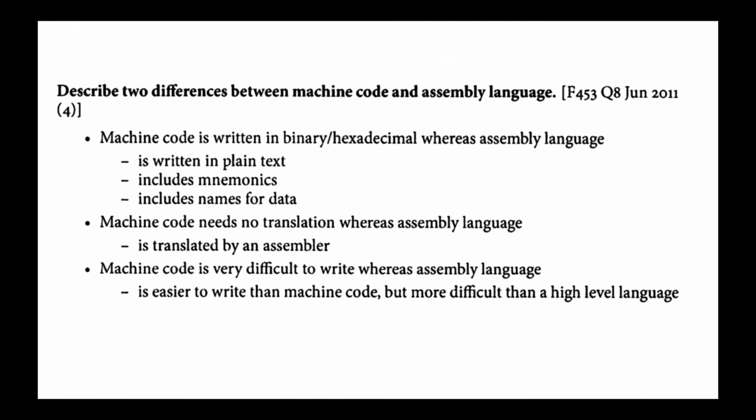Machine code is very difficult to write, whereas assembly language is easier to write than machine code, but more difficult than a high-level language.